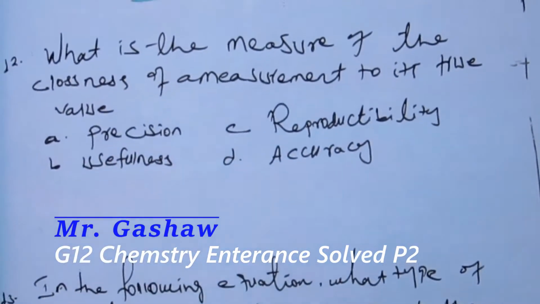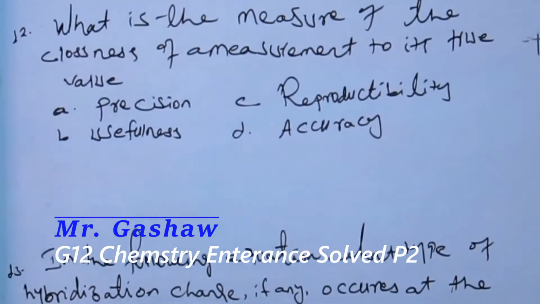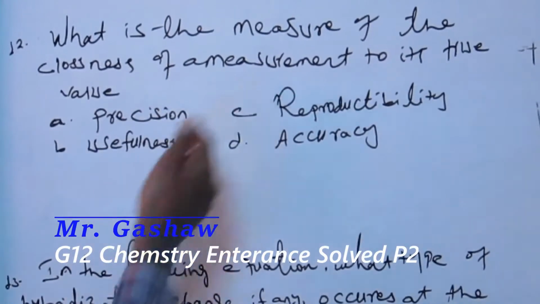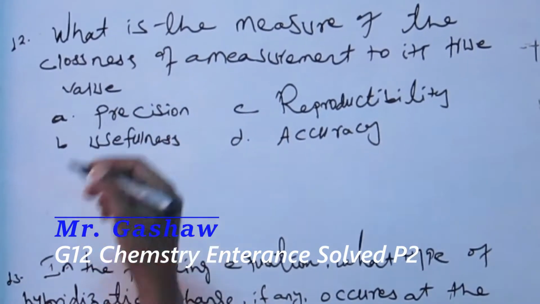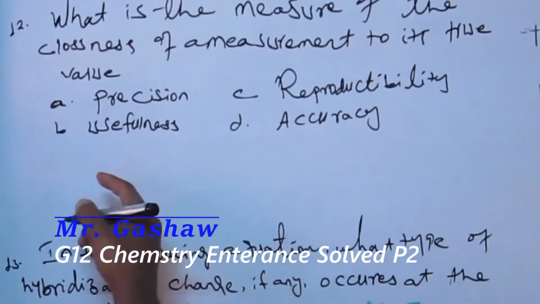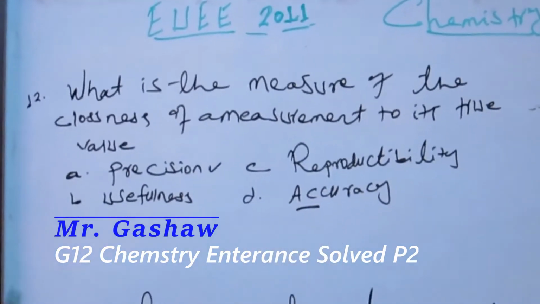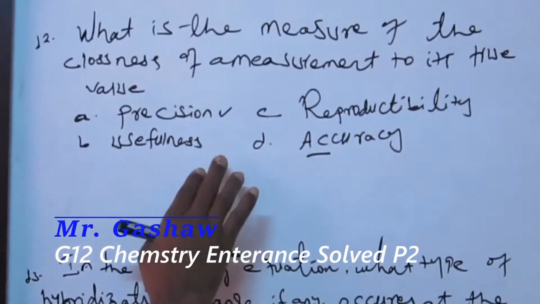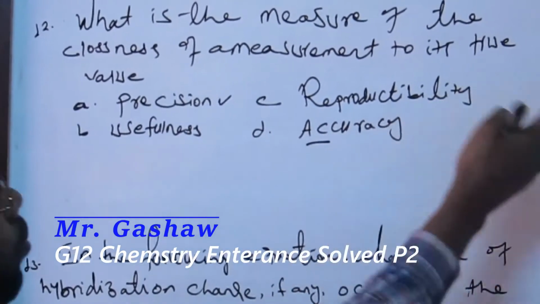Precision means the closeness of what? Individual measurements. It's not the true value, but the precision means the agreement or closeness of each measured value to one another. But accuracy means the measured values agree or are close to the true value.